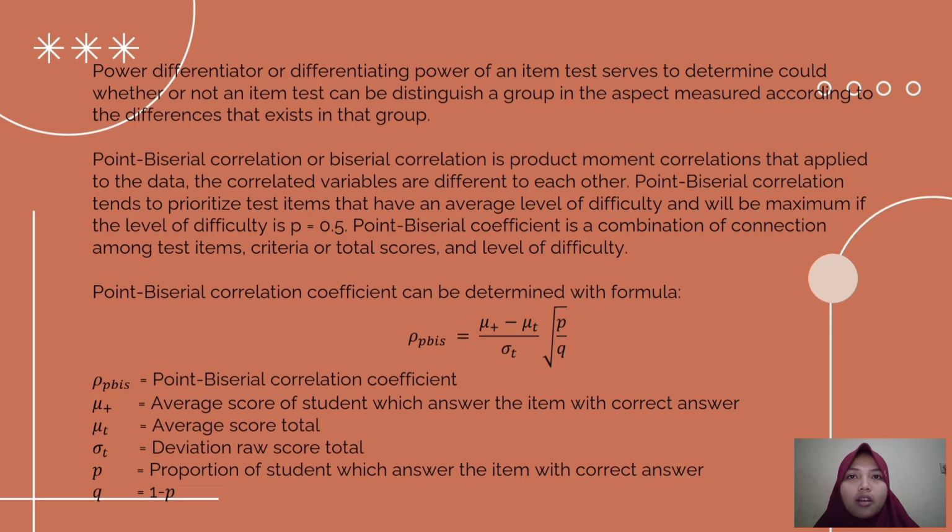It can be determined with the formula rho pbis equals mu plus minus mu t over sigma t times the root of p over q, where rho pbis is the point biserial correlation coefficient, mu plus is the average score of students who answered the item correctly, mu t is the average total score, sigma t is the standard deviation of the total score, P is the proportion of students who answered the item correctly, and Q is equal to 1 minus P.